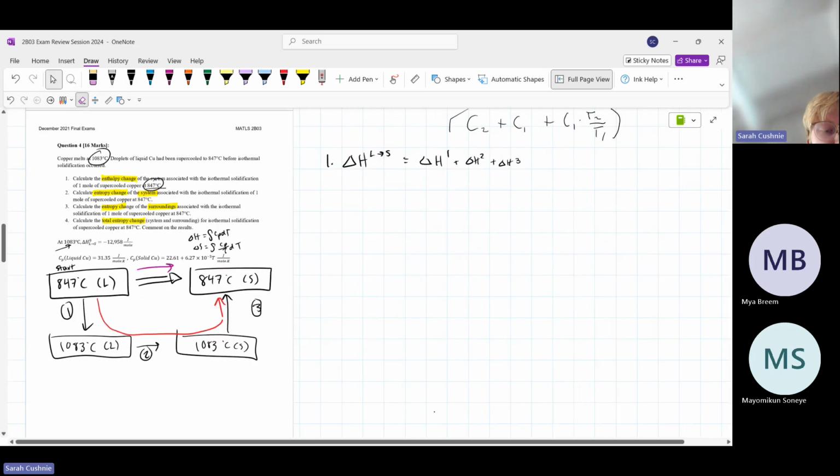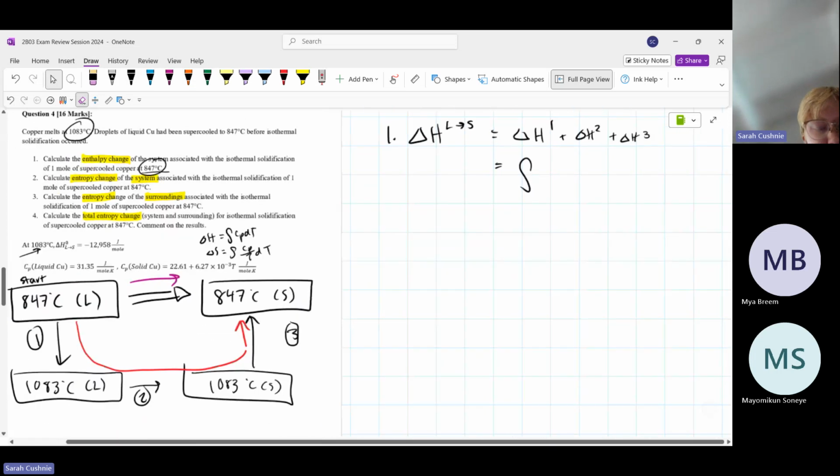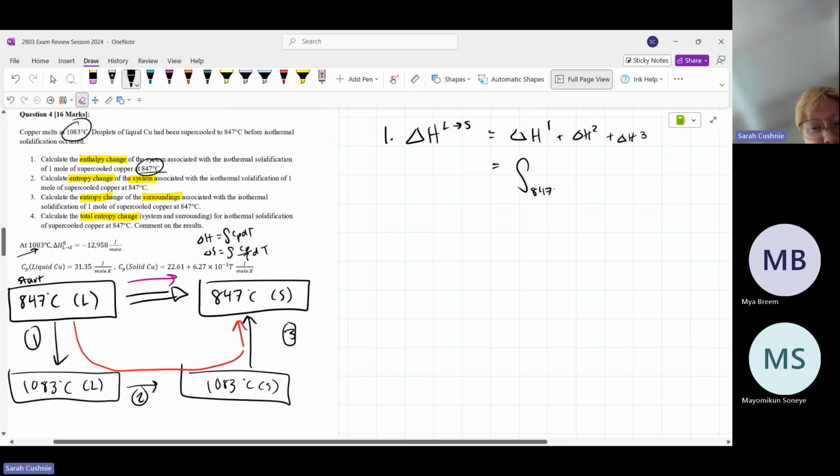So delta H1, that is heating it up, right? So it's the integral from the initial temperature, which is 847 degrees C, to 1083 degrees C, of Cp dT, and this is Cp of the liquid, so I'm going to put a little L up there.